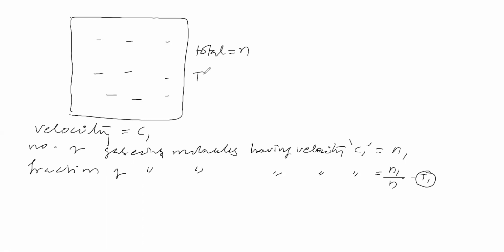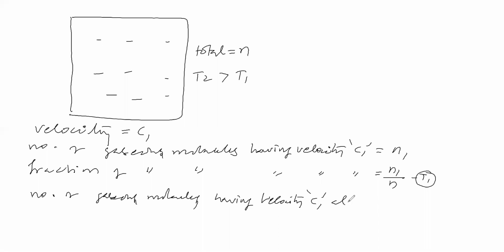Now we will take temperature T2 is greater than T1. Now the number of gaseous molecules having velocity c1 at temperature T2, how much is it?